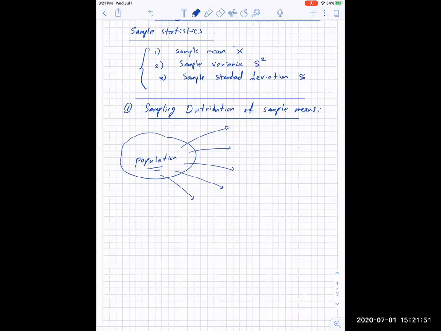So let's say our sample size is n, and we're going to select all of the samples of size n. Sample 1, sample 2, sample 3, and so on.